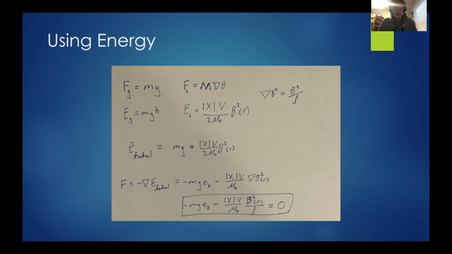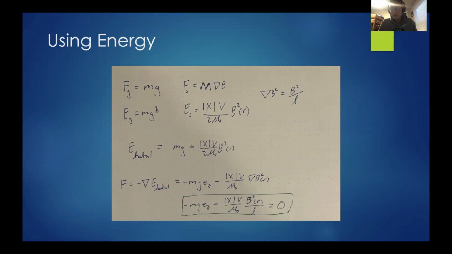And setting this equal to the force, because we know that it needs to balance out to be 0, we get negative mg e sub z, where e sub z is just a unit vector pointing in the z hat direction, and minus chi, which is the magnetic susceptibility factor, times the volume of the frog all over mu naught, and that additionally multiplied by the B field squared over L. And B of r is just representing the B field in relation to some point, which would be where the frog is located.